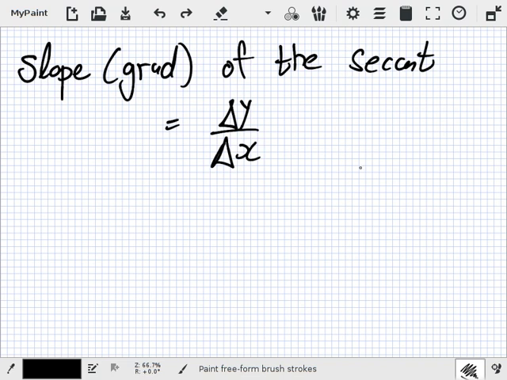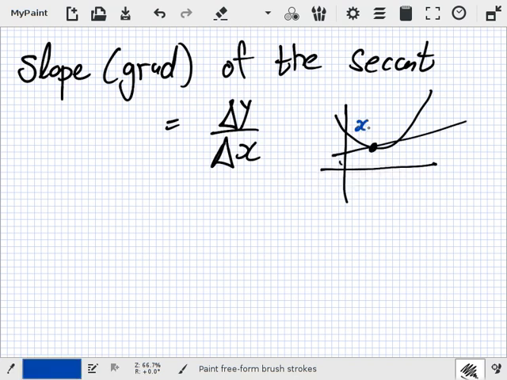So we'll imagine we have a point here, which I'll just call x, y, and then a little bit to the right of it, only a small distance, which we'll call h, which is quite small, we'll mark off another point.